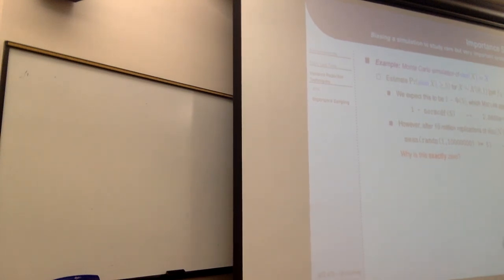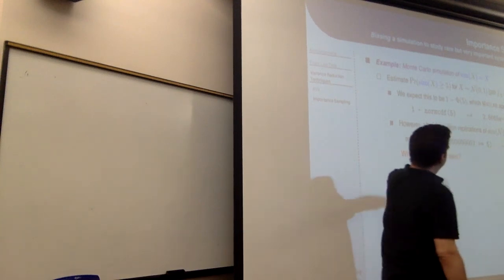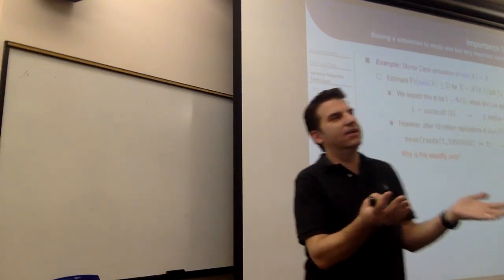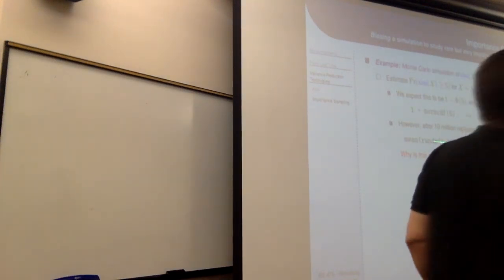Why is it exactly 0? What happened there? MATLAB gives a 0 or a 1 for each replication, and this is telling me that the average value of this predicate, that the value is greater than 5, is equal to 0. What does that tell me about these replications?